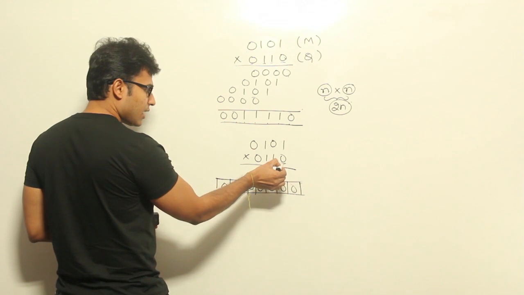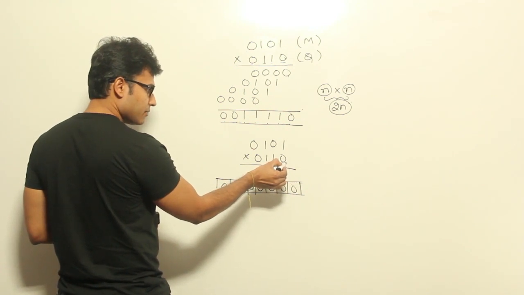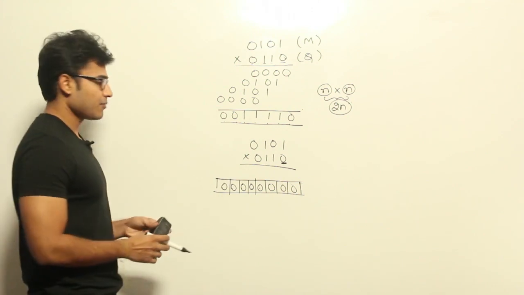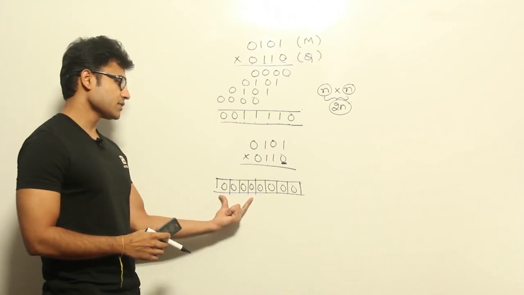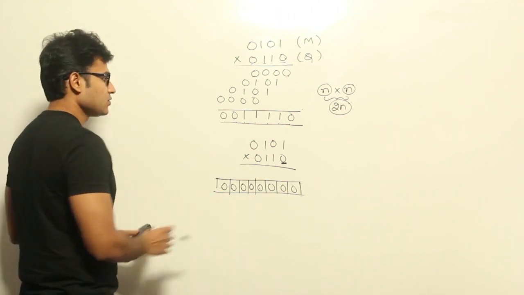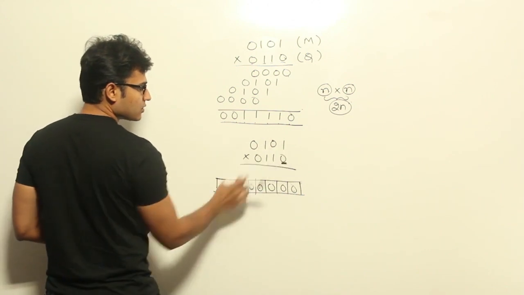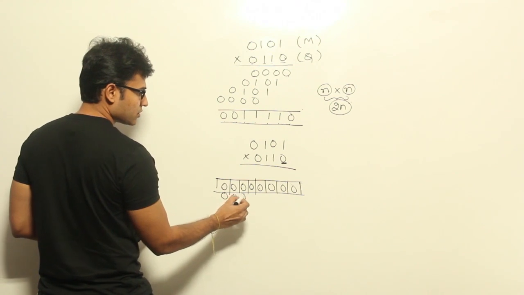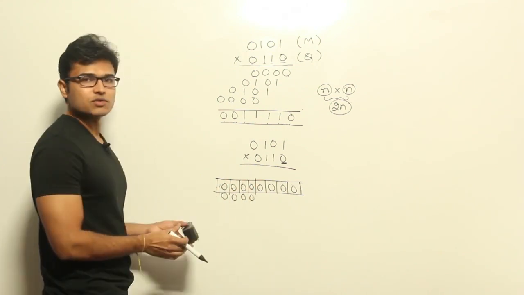Initially I multiply this one with this one, and whatever partial sum I get, I am going to add it always to the most significant 4 bits. If I multiply this one with this one, I get zeros, and if I add 0 0 0 0 to the most significant part, I again get zeros only.